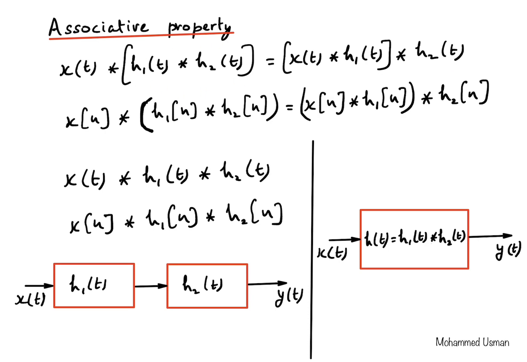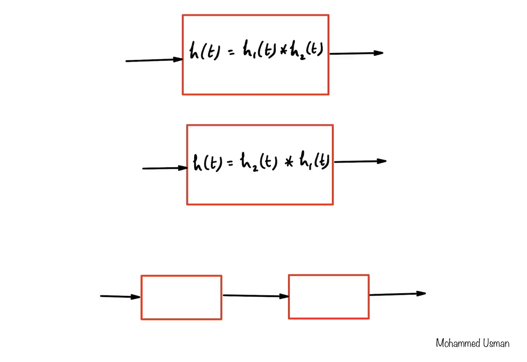And since the convolution operation is commutative, the first property that we saw, h1 convolved with h2 is the same as h2 convolved with h1. So that means we can replace this with the commutative property as h2 convolved with h1, and then split it back with h2 in series with h1. So basically what we're saying is, when systems are in series, by using the associative property, if the systems are LTI systems, then the order of these systems can be interchanged without affecting the input-output relationship.